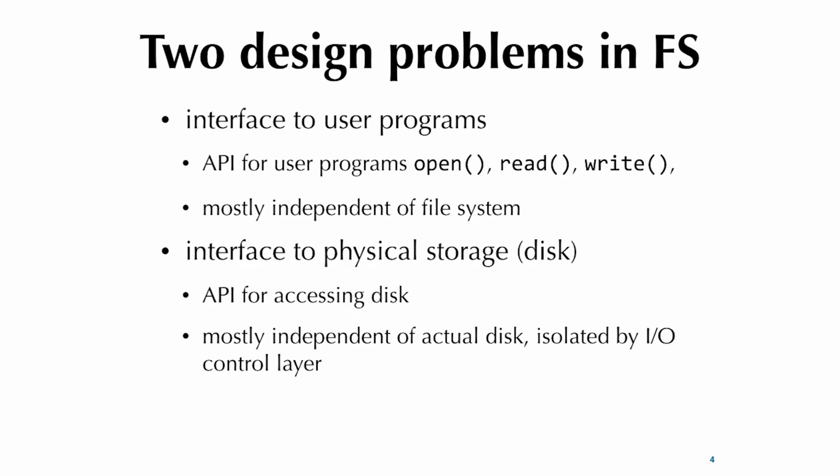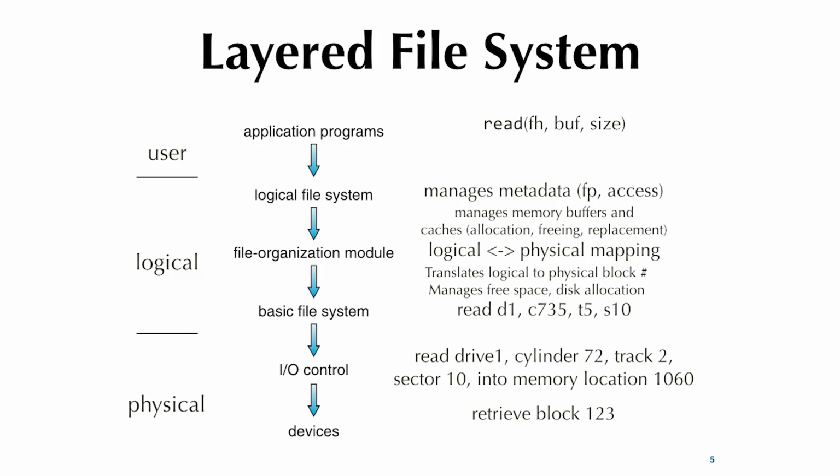If you write in C, standard I/O is one API that is more or less always independent. Now, the interface to physical storage may need to be more device specific. Well, it's still mostly independent of the actual disk because there are standards for the commands. But then each one may have its own specific operations.